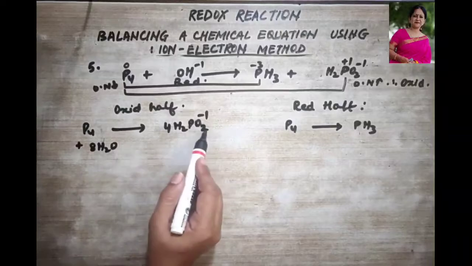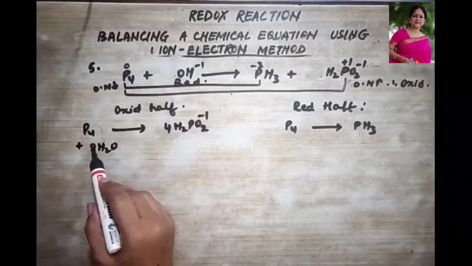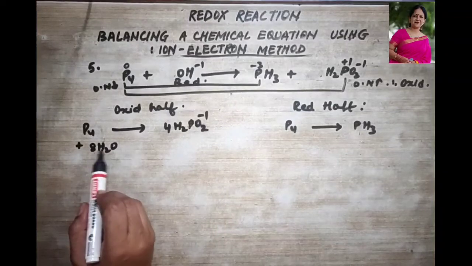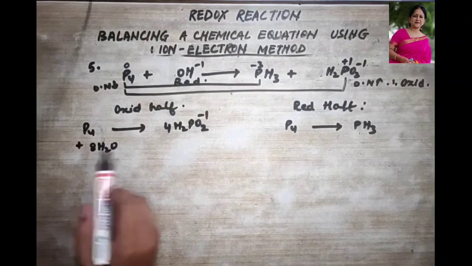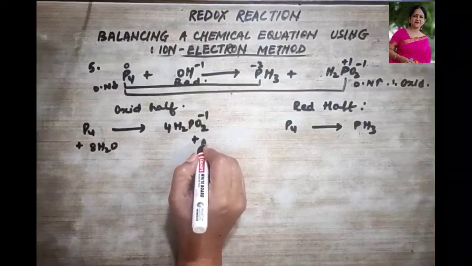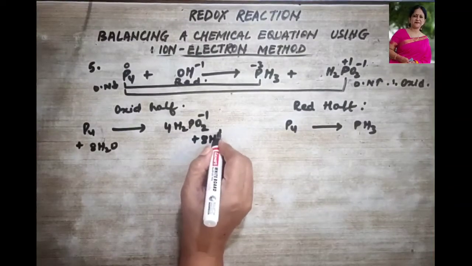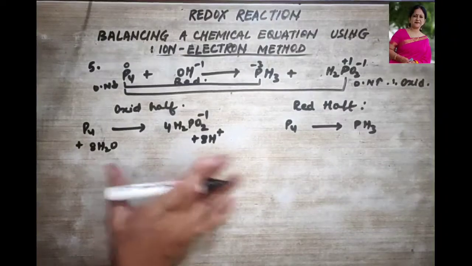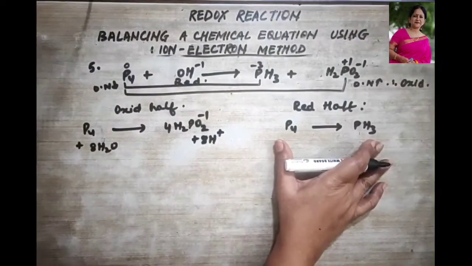Right? Now when we have taken up 8 oxygen this side also, how much hydrogen? 4 2s are 8 and here 8 2s are 16. So what do we add over here? Plus 8H+. This is clear? This is balanced. Now let's go to the reduction half.